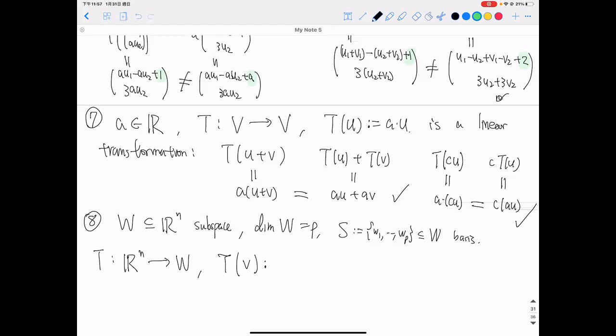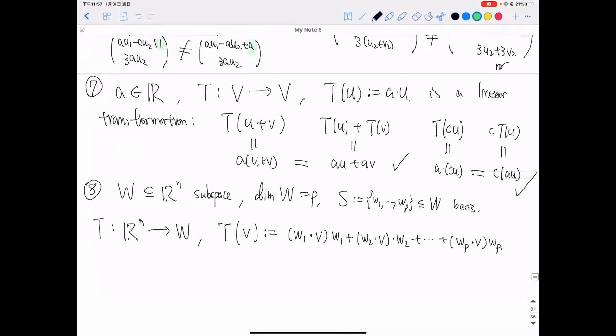T of v is given by a linear combination of the w's: (w1 dot v) times w1, (w2 dot v) times w2, and so on, down to (wp dot v) times wp.